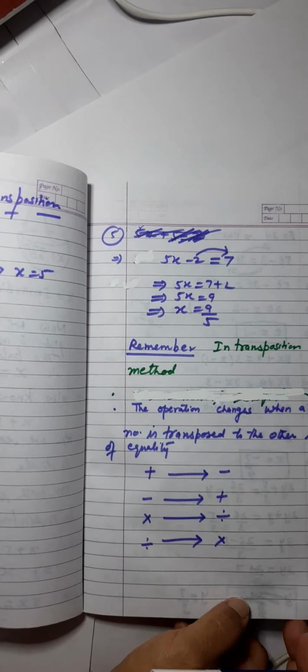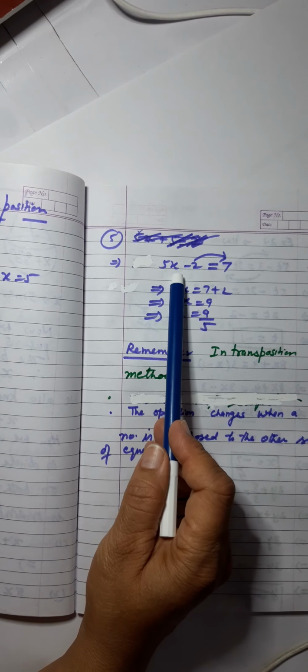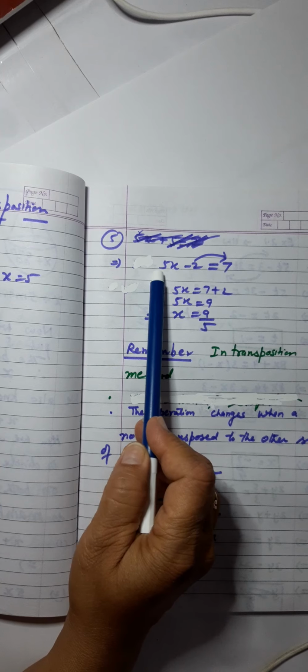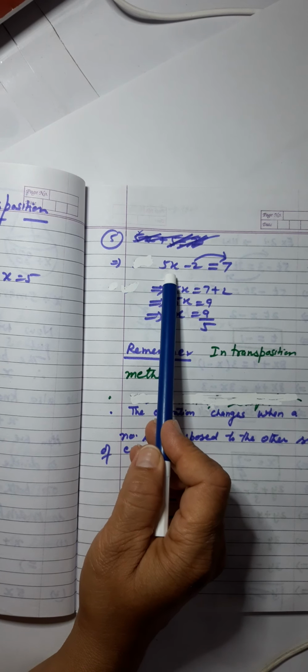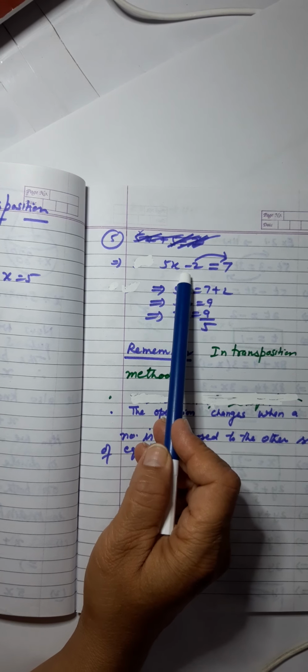There's one more example which will involve two operations. For example, I have 5x - 2 = 7. Here this is subtracted and here it is multiplied. So I have to handle two operations, but I can handle one operation at a time. So first I will handle the subtraction.